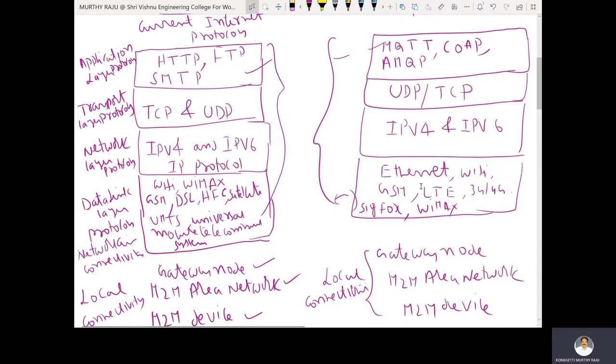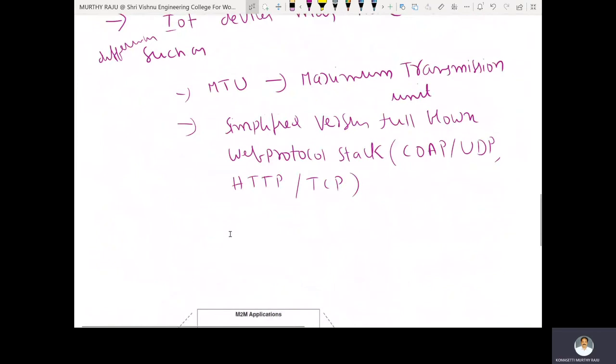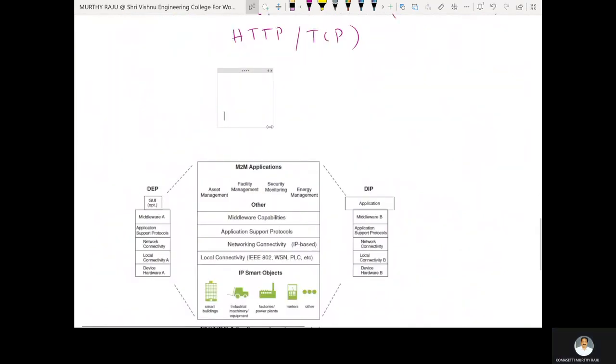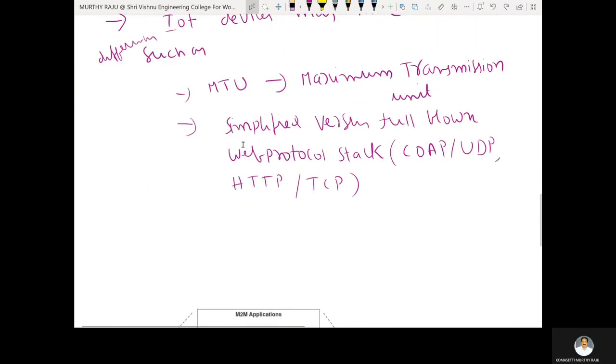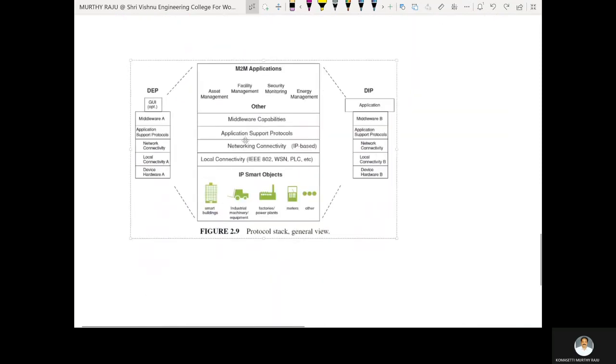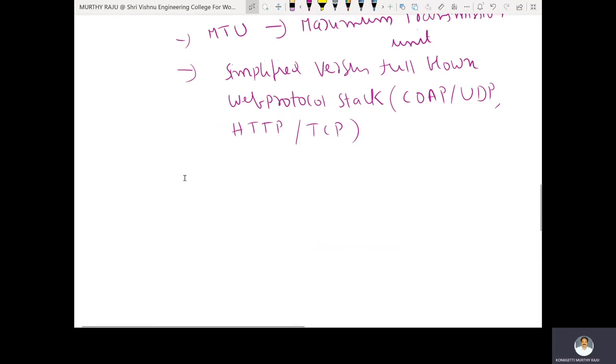This is another difference. The first difference is data generation.